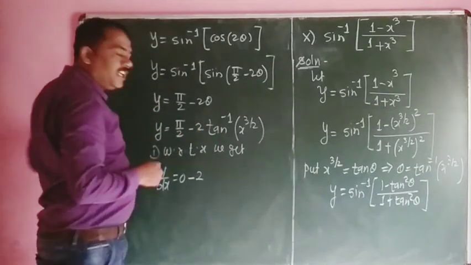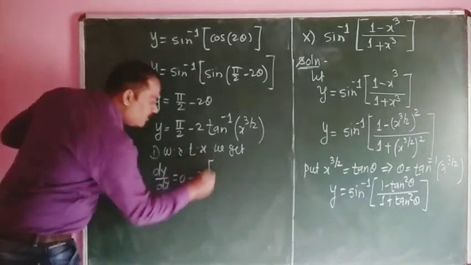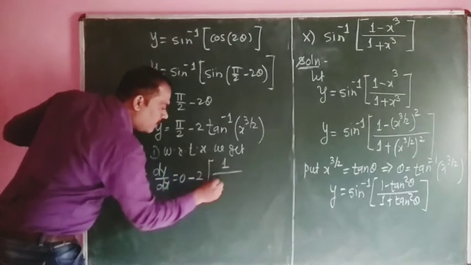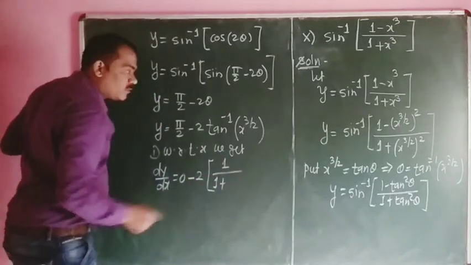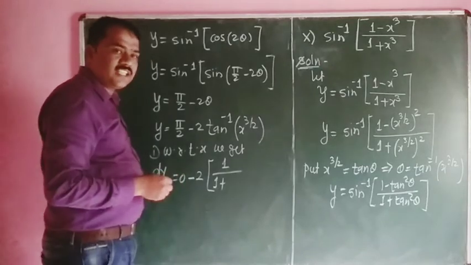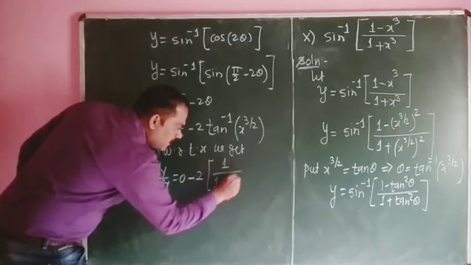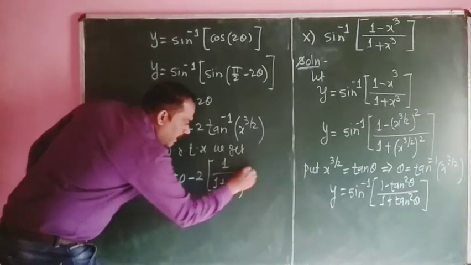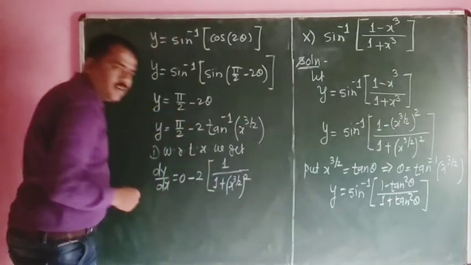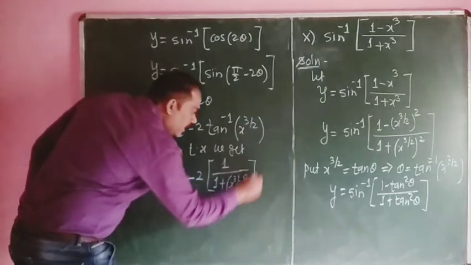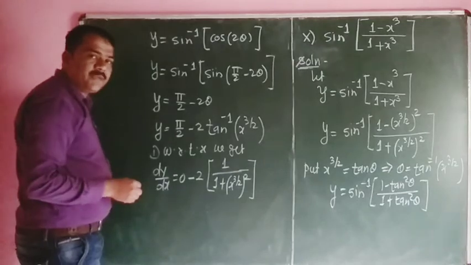Now we have to take the derivative of this tan inverse. The derivative of tan inverse of x is nothing but 1 upon 1 plus x square. Instead of x we use x raised to 3 by 2, so (x raised to 3 by 2) whole square, into the derivative of x raised to 3 by 2.